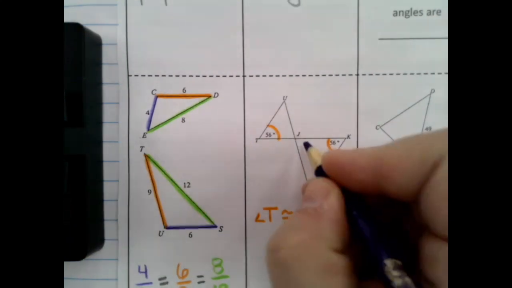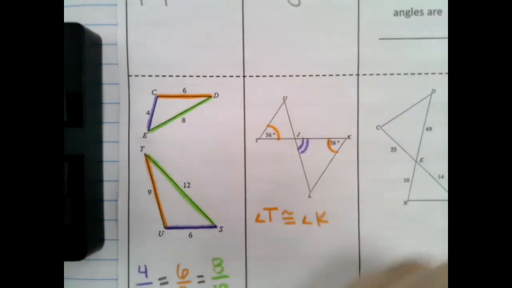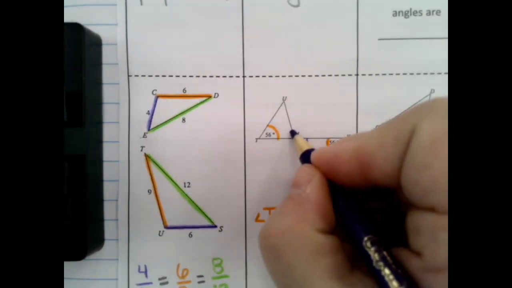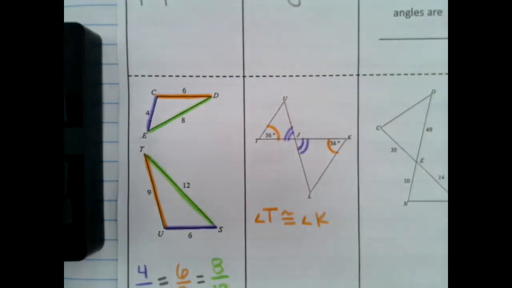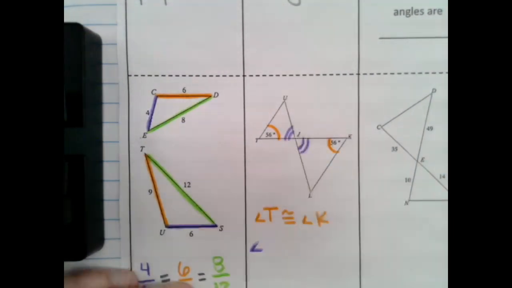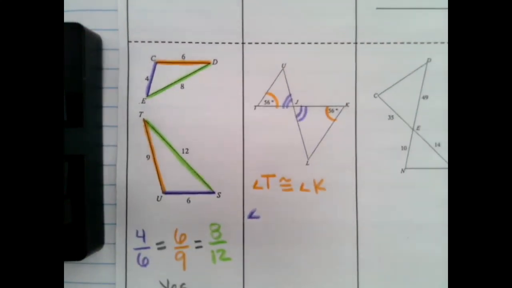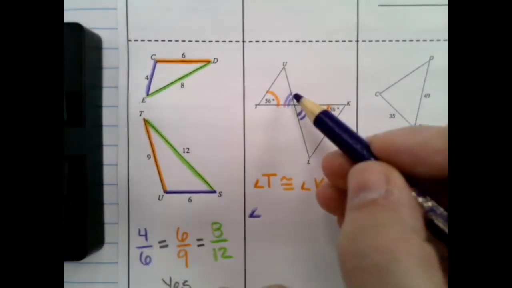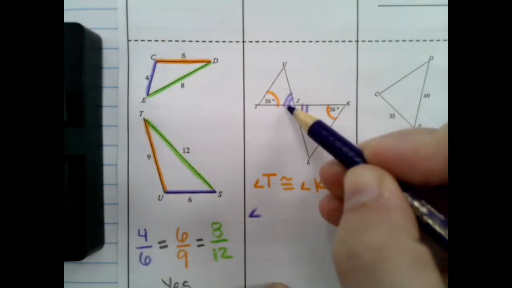Yeah, at that J. So I have this angle here that will be congruent to the angle across, right next to it. When we name those angles, I can't just say angle J because I won't know which one of those angles we'll be talking about. So if I name those angles, I need 3 letters. So how would I name this top angle J? Where would I have started at?